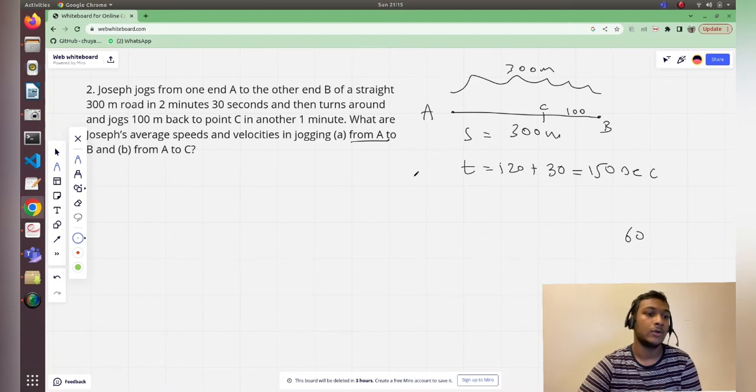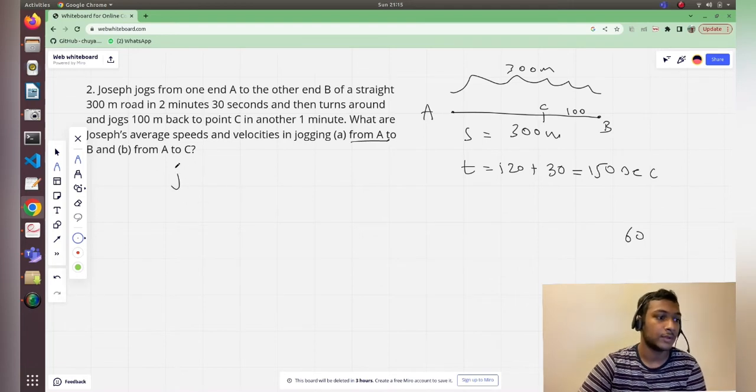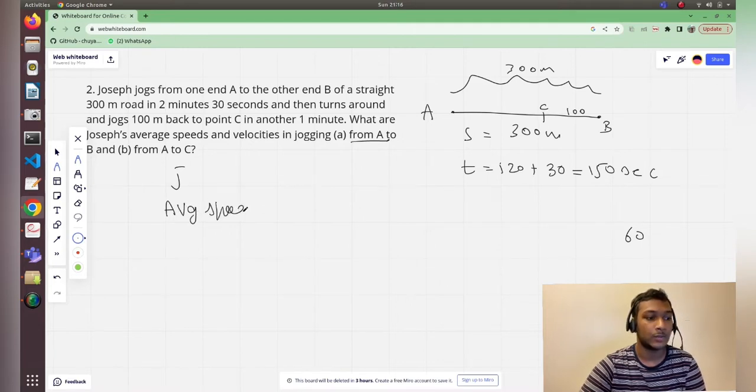Okay, so when Joseph is jogging from A to B, what is the formula for average speed? Average speed is equal to total distance divided by total time. Right.